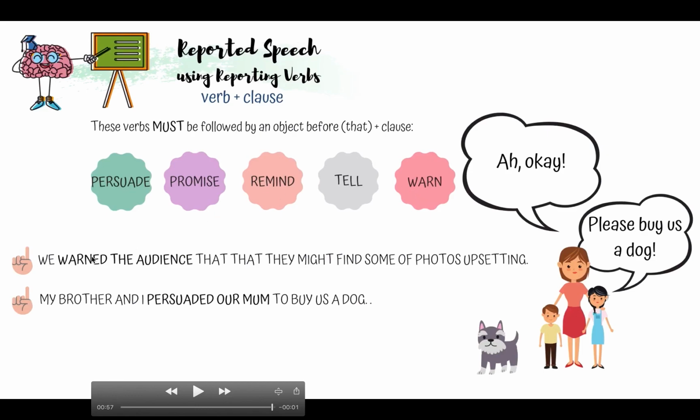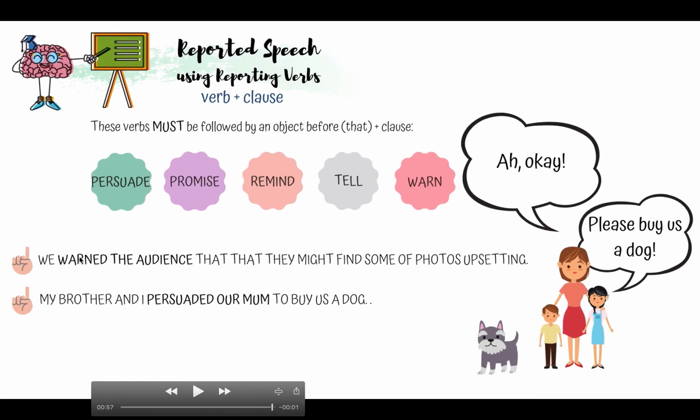Okay, but before we use anything else, after our verb, we need to use an object. So our object here is the audience. Okay, then we follow with that. There shouldn't be two that's. This is a mistake, so it should only be one. So we warned the audience that they might find some of the photos upsetting.